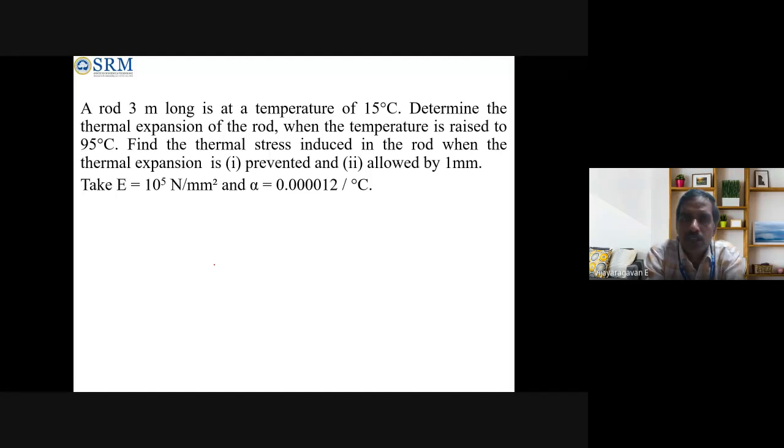Find the expansion of the rod when the temperature is raised to 95. Initially the rod is at 15 degrees, now it is at 95 degrees. At 95 degrees, what will be the expansion? That is the first part. Can anyone tell the answer for this expansion?